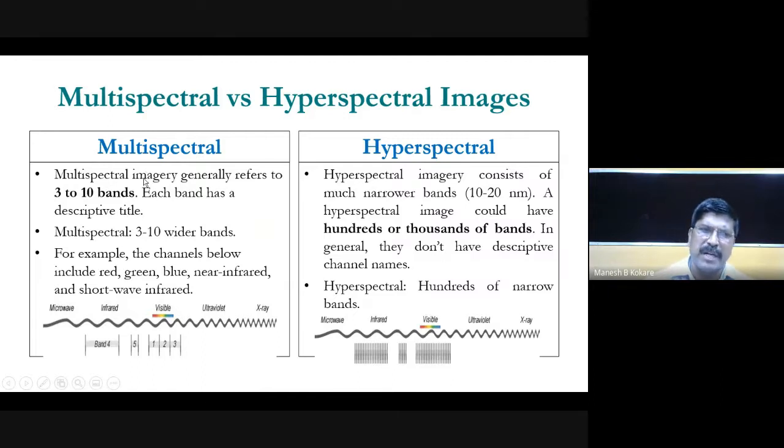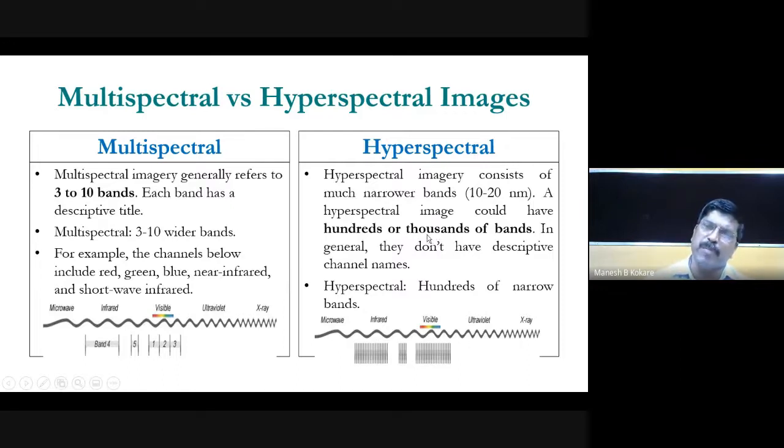So in multiple spectral or multispectral imagery, it generally refers to 3 to 12 bands, and each band has a descriptive title. Whereas hyperspectral images consist of much narrower bands. See, these are the wider bands, but these are the narrower bands in hyperspectral images. And the number of bands may be hundreds or thousands.